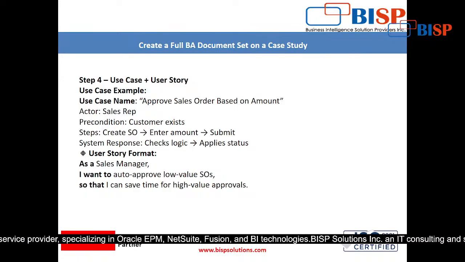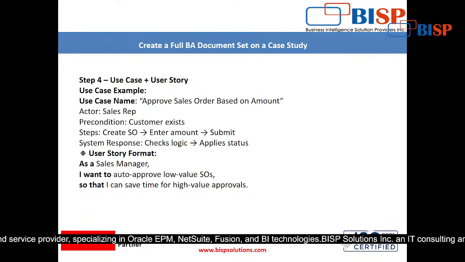So use case example, use case name, approve sales order based on amount. Actors means the stakeholders, the sales rep. Then the precondition: customer should exist, then the item should also exist, because a sales order will be created only when the item exists.